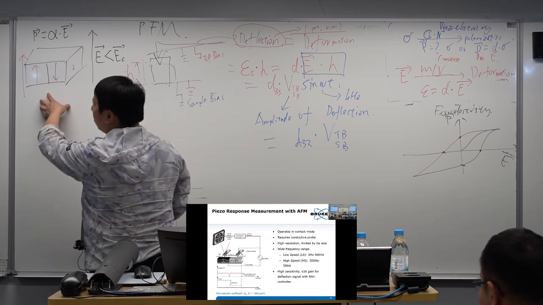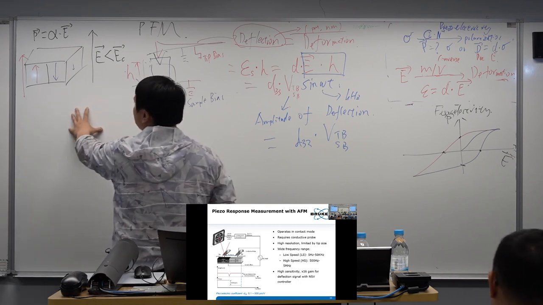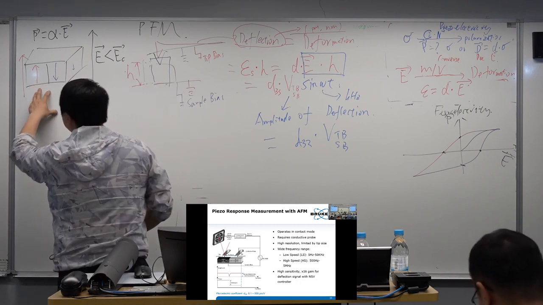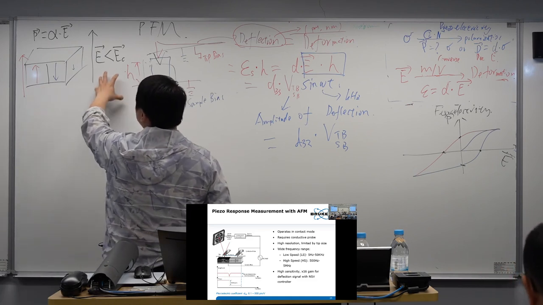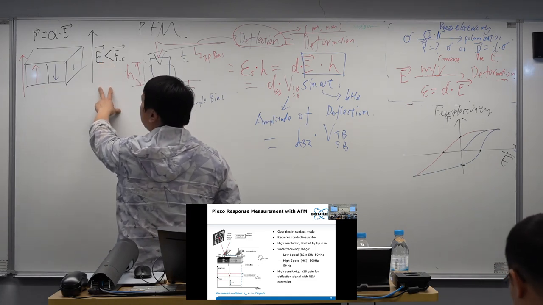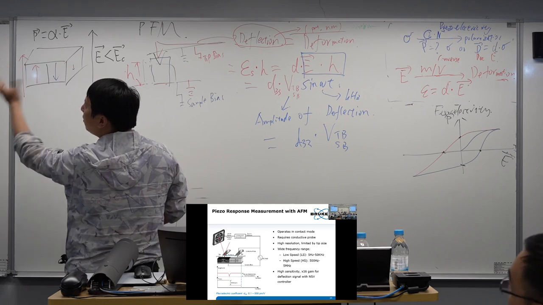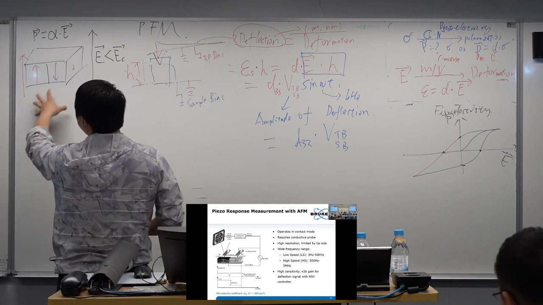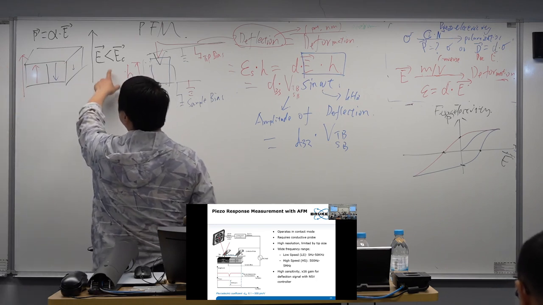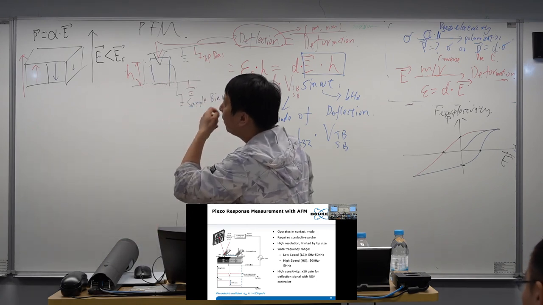So for a ferroelectric structure, once we change the electric field, its change in polarization should be related to our electric field.